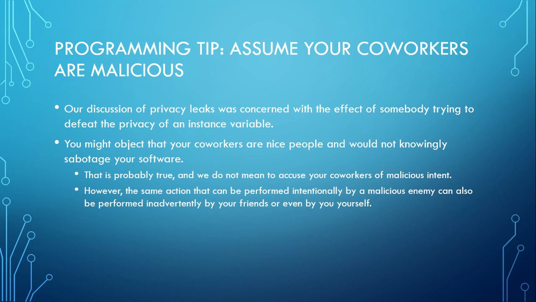Now, you might object and say, well, my coworkers, my friends, they're good people. They're not going to try to sabotage my software. And while that is probably true, and we don't mean to accuse your coworkers or fellow students of malicious intent, you have to think about it this way. The same action that they could theoretically do by accident can intentionally be performed by a malicious enemy, right?